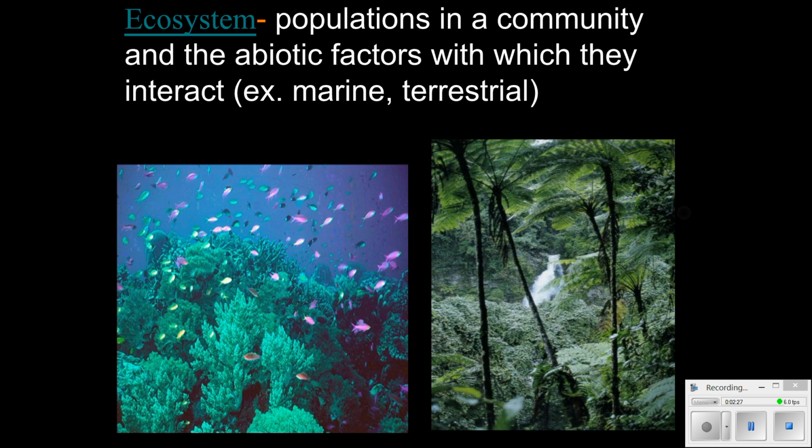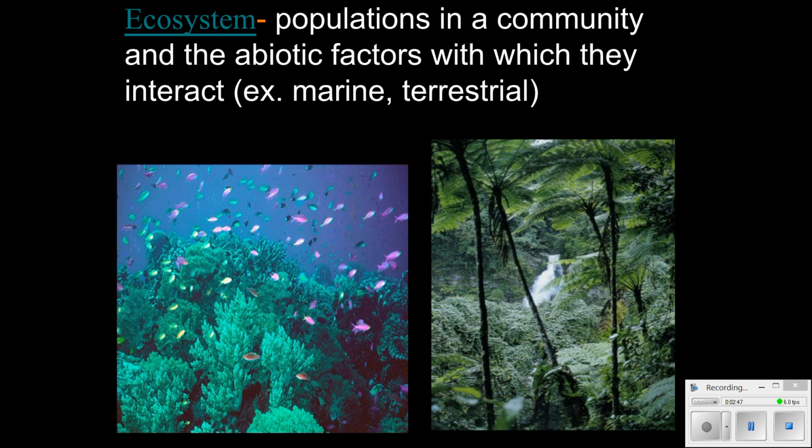An ecosystem, to that end, is a community in which biotic and abiotic factors affect it. So you could even write down something like populations that are interacting with their biotic and abiotic factors are part of an ecosystem.